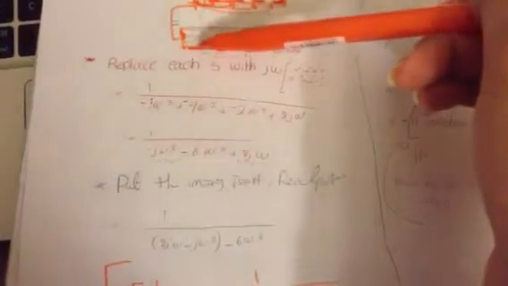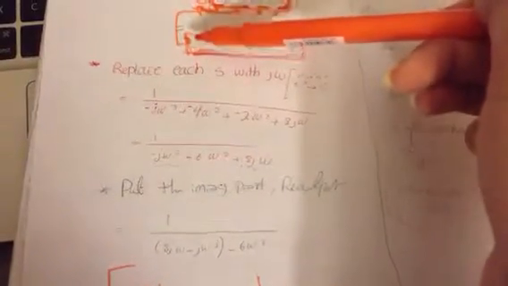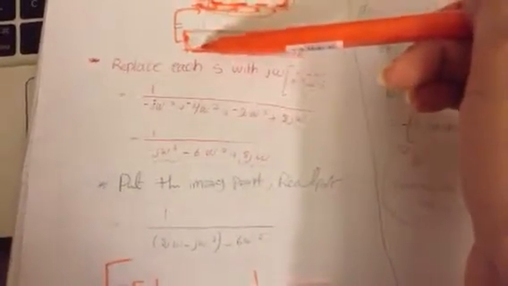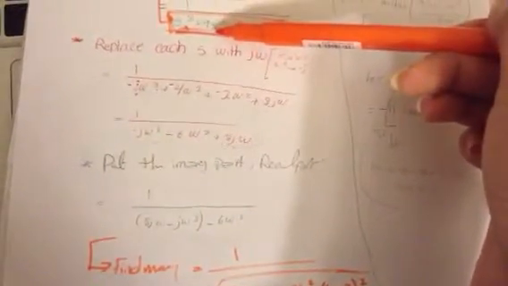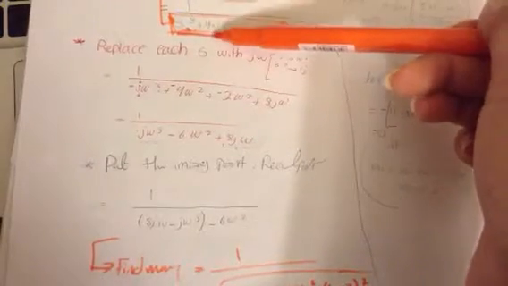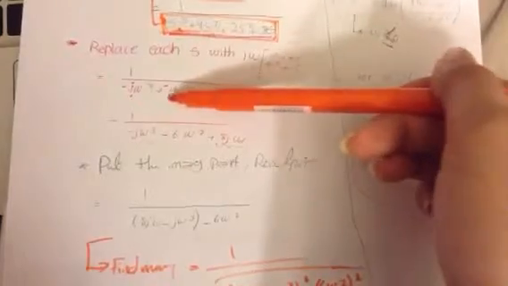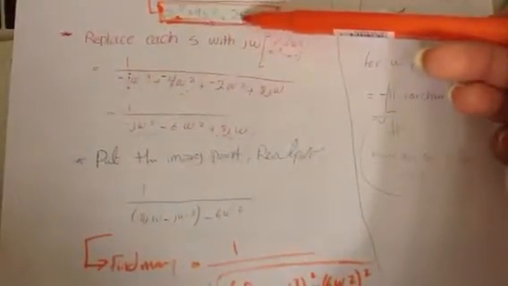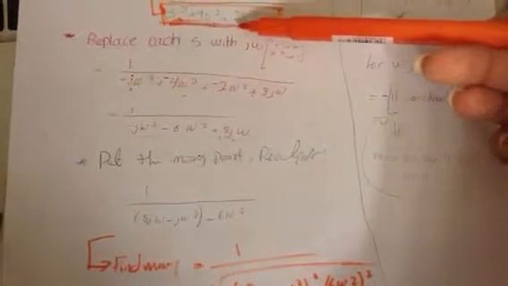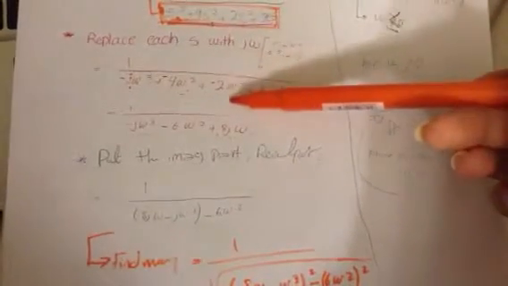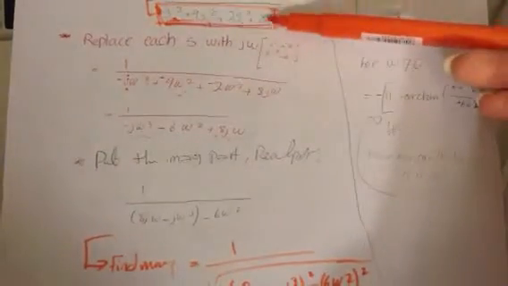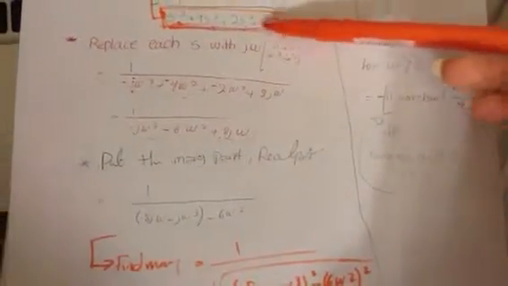So in this example, s cubed will be omega cubed with negative j, so negative j omega cubed, and then 4s squared will be negative 4 omega squared, and this is what we got. The same thing here will be negative 2 omega squared, and then here we just have to replace this with j omega.